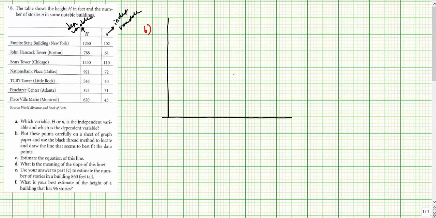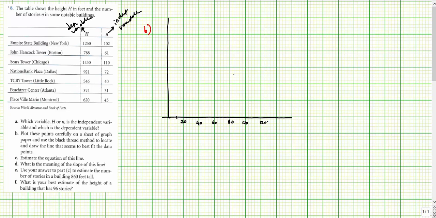All right, the highest is 110. I'll start from 0 and go like this, in the middle 10, 20, 40, 60, 80, 100 and 120.